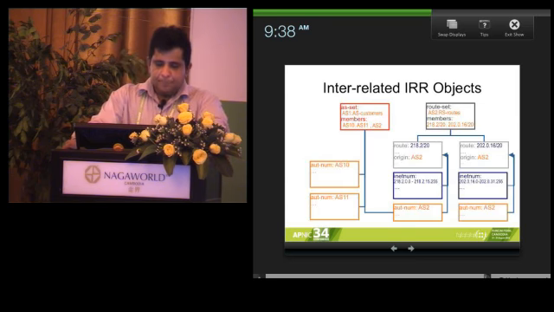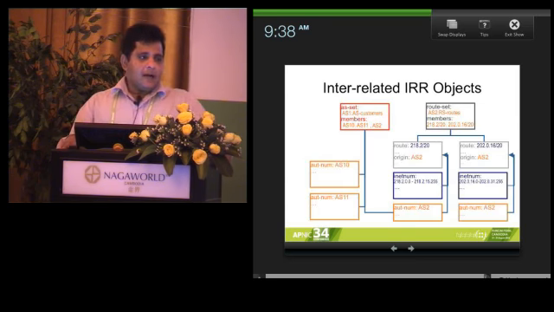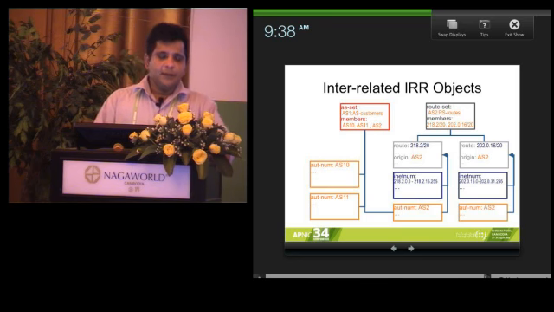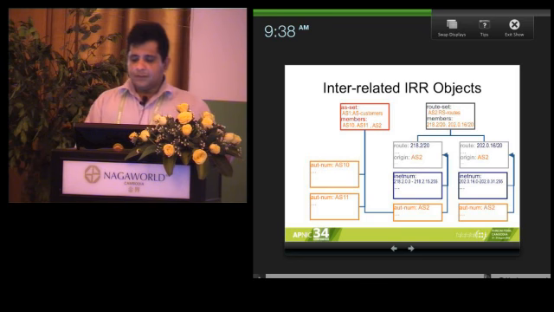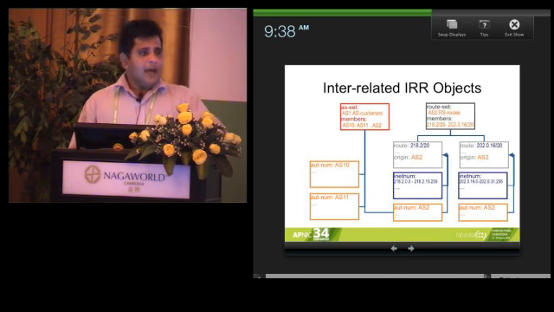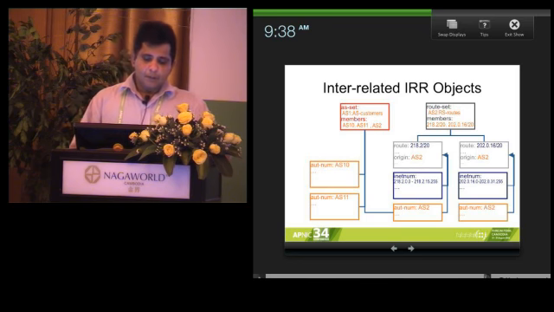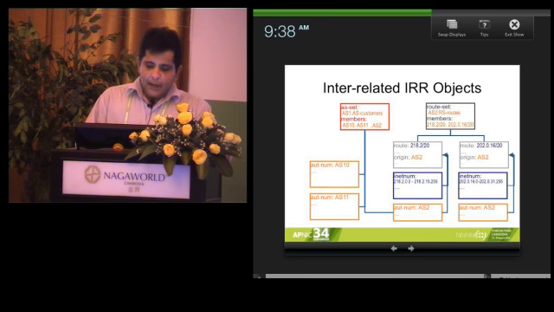Okay, let's go further. Now we also have other objects, like set objects. In this case I'm showing you two types of set objects. One is what we call AS set, and the other is what we call route set. In this AS set example, I'm defining a set of customers, AS-customers, and then I can include some members.